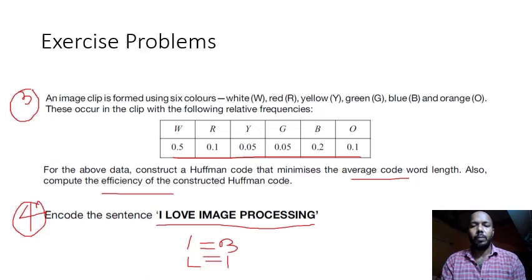G is 2 times. P is 1. R also 1. C is 1. S is 2 times. And N is 1 time. So we have different letters, and we can calculate the occurrence of these letters. From that you can calculate the probability of these letters. Then you can find the Huffman coding for this whole message.